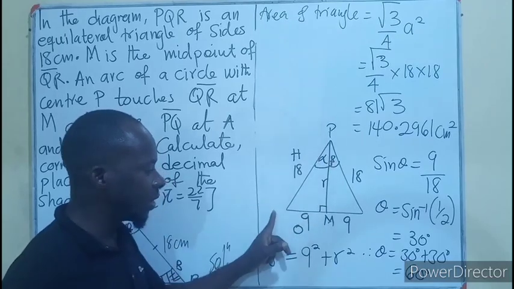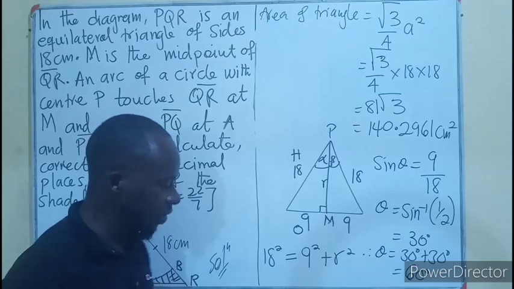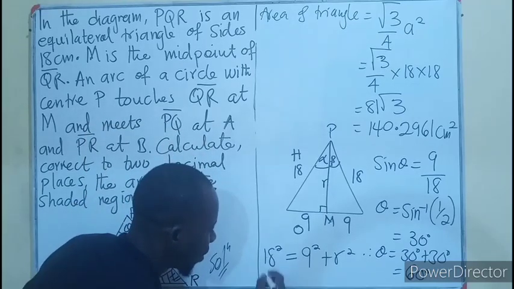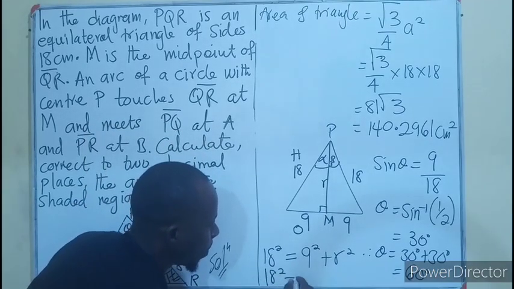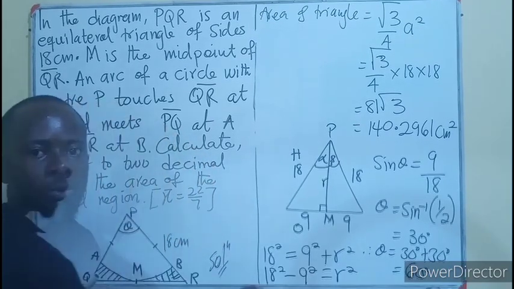The longest side squared equals the sum of the squares of the shorter sides. So 18 squared minus 9 squared equals R squared.